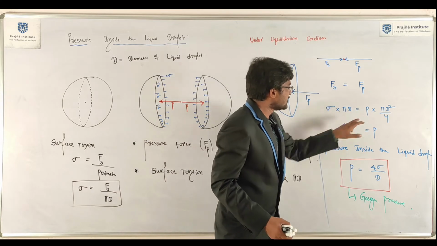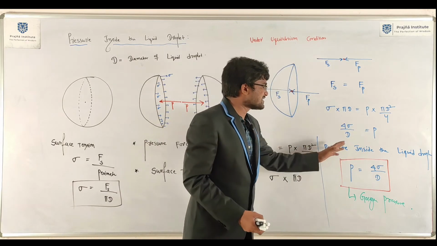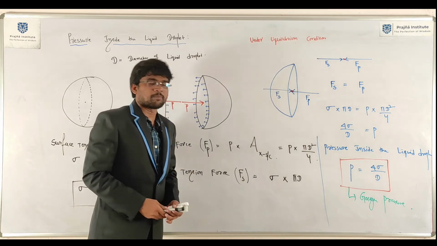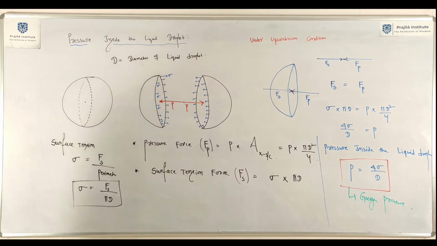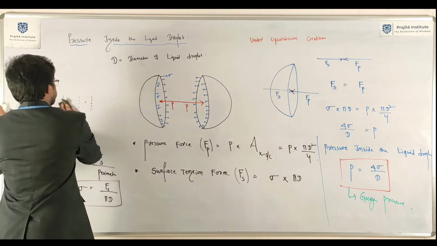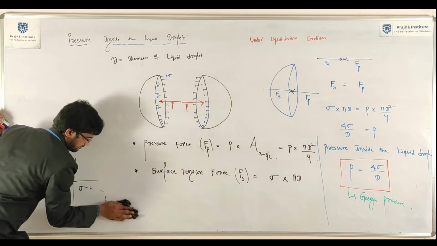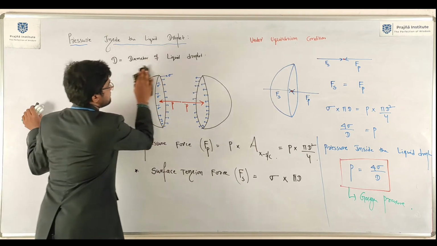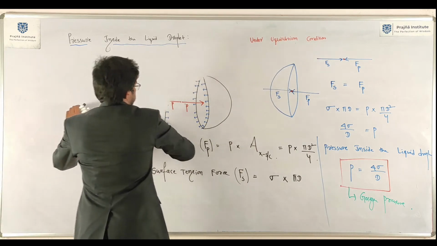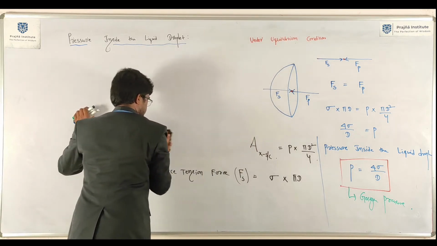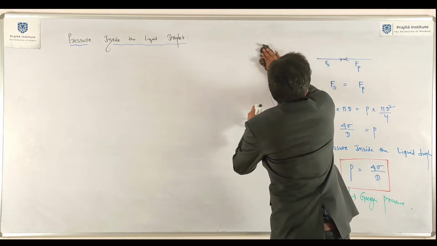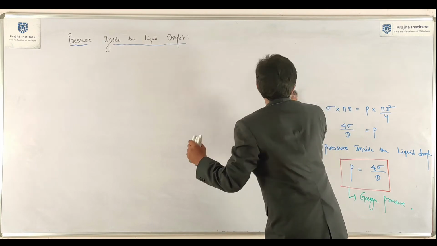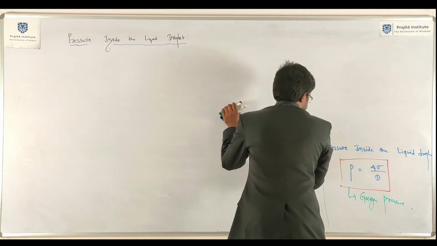Equate these two, then you can calculate the pressure inside the liquid droplet. Now, write down up to here. Next, put a note.